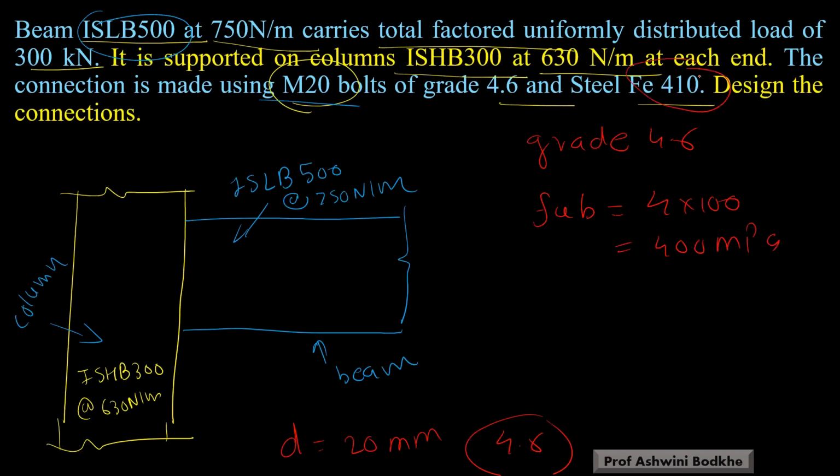And Fe410 steel grade is 410, that is ultimate strength of plate equals 410 MPa. Okay, so there are two types of sections given in this question, ISLB 500 and ISHB 300. First, let's write down properties of sections.